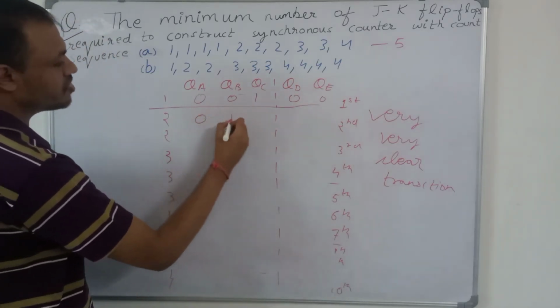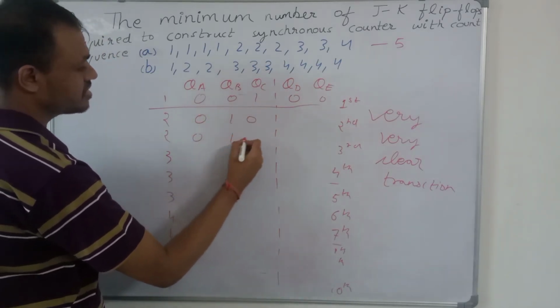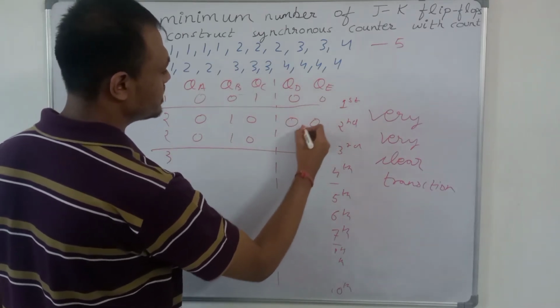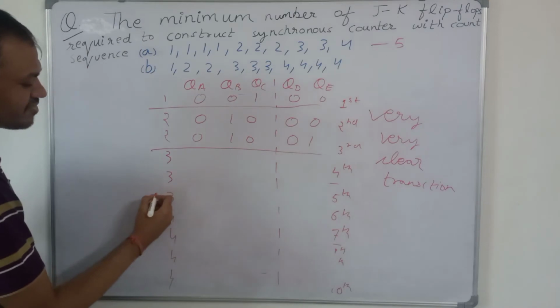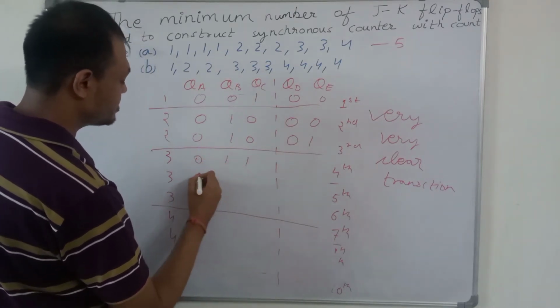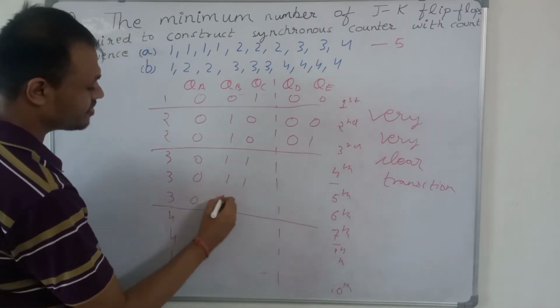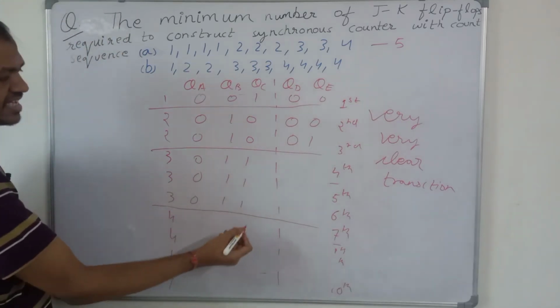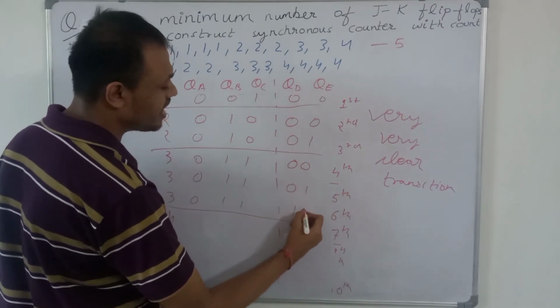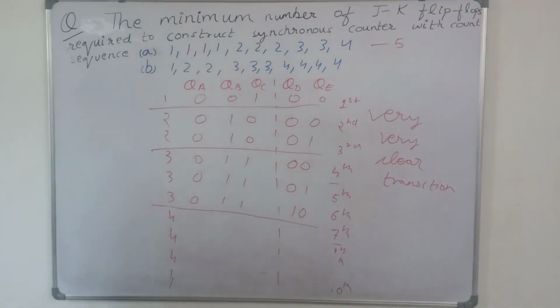Then for 2, 0 1 0, 0 1 0, and to differentiate between these two we use 0 0 and 0 1 as the two additional flip-flops. Then for 3 we use 0 1 1 three times, and to differentiate between these three we use 0 0, 0 1 and 1 0 as the additional states of the two flip-flops.